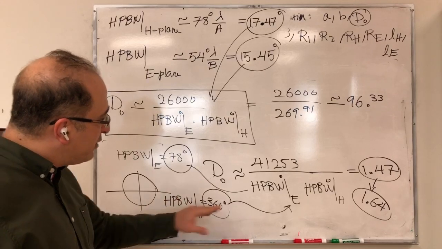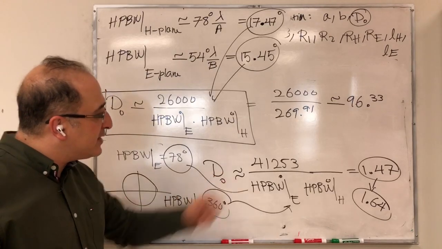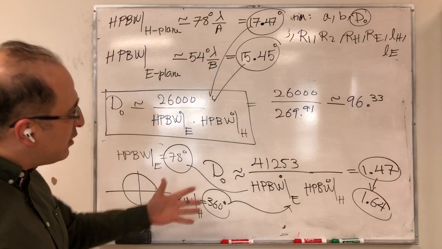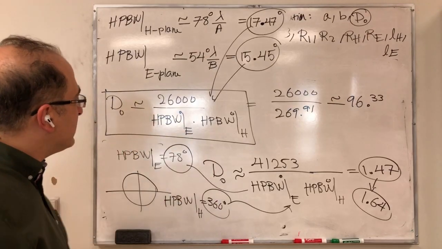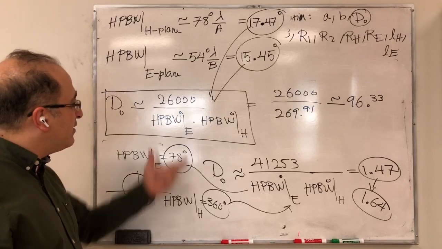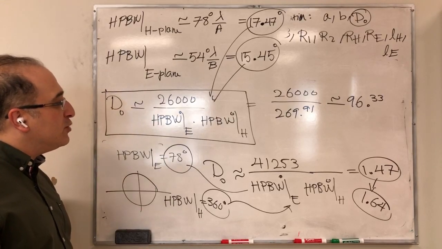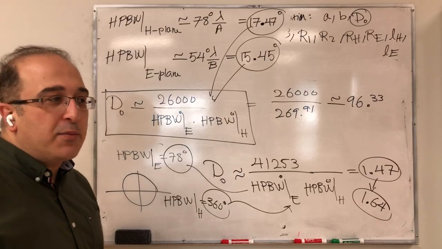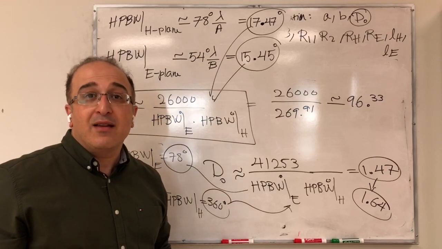But if you want to use a half power beamwidth of 360, then this equation is better. In general, you need to be very careful when you are using these equations. But for a horn antenna, the earlier one seems to be the reasonable one to use in case you want to estimate the directivity. Thank you very much.